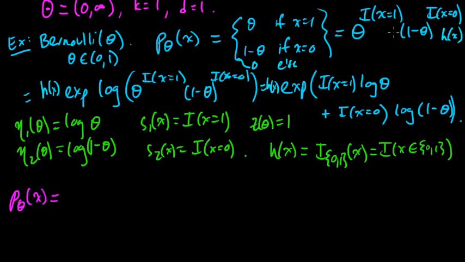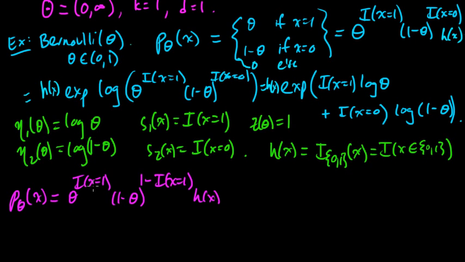We could have also taken this expression, and this is also equal to (1 minus theta) to the 1 minus indicator that x equals 1, times this h of x, because if x is not equal to 0 or 1, then the whole thing is 0.